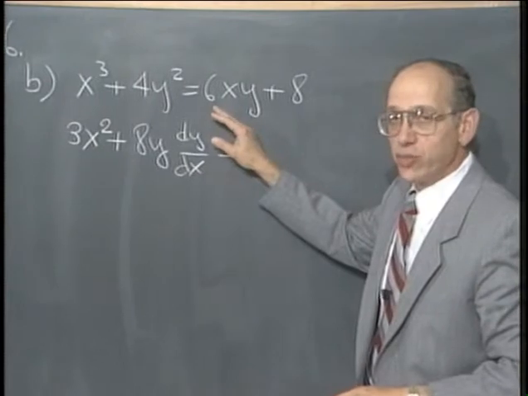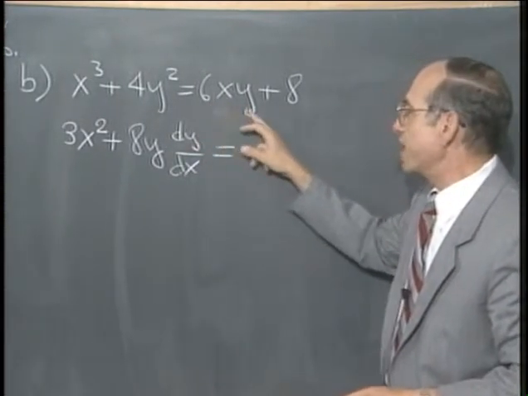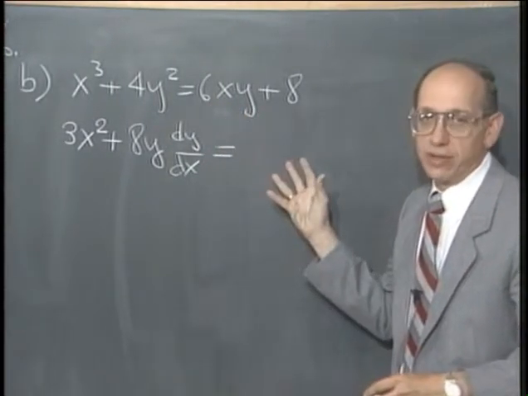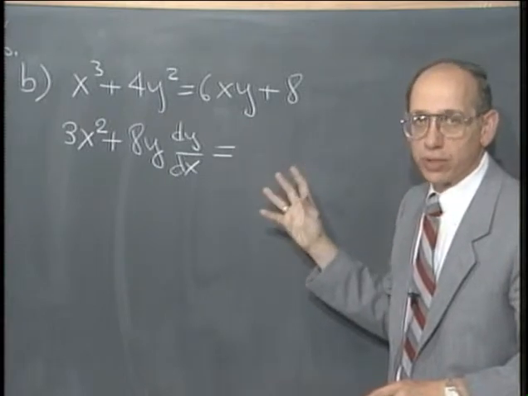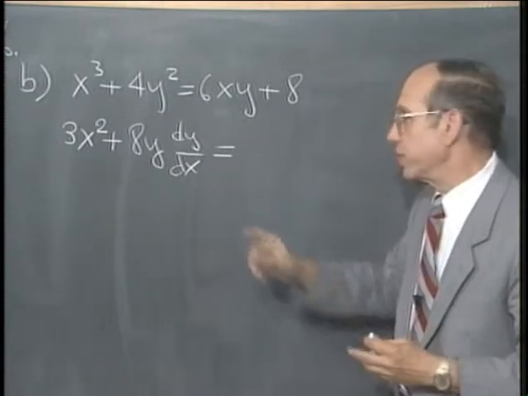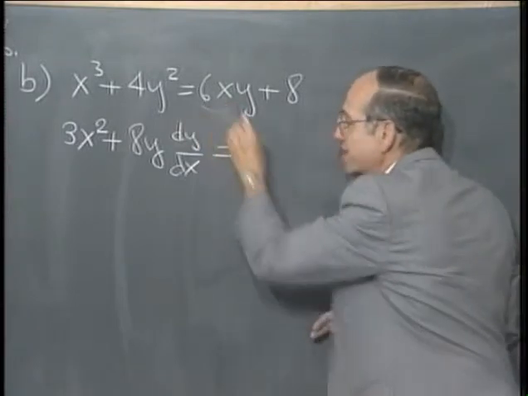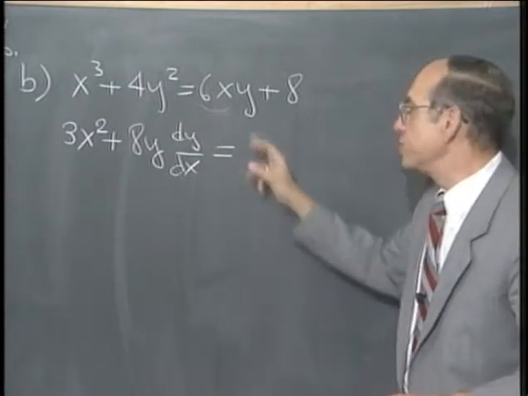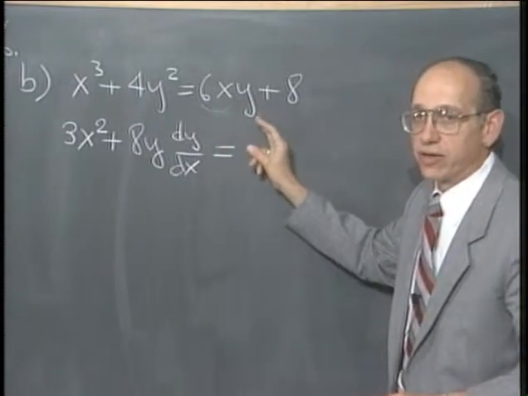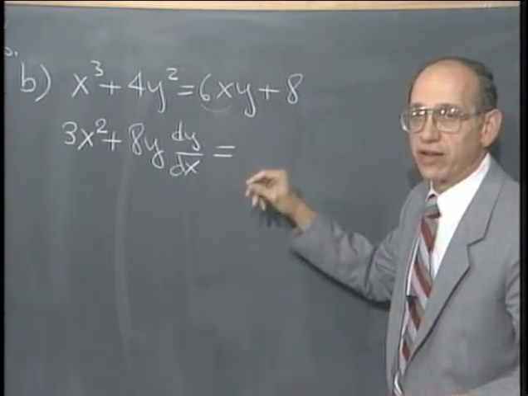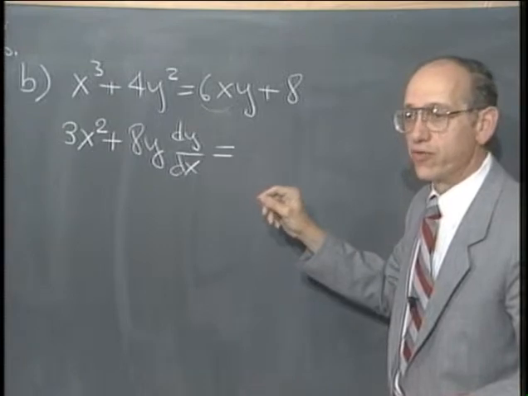Now on the other side, we start with 6xy. That's a product, and we need the product rule. Remember the product rule: it's the first factor, and let the first factor be 6x, times the derivative of the second factor, plus the second factor times the derivative of the first factor.